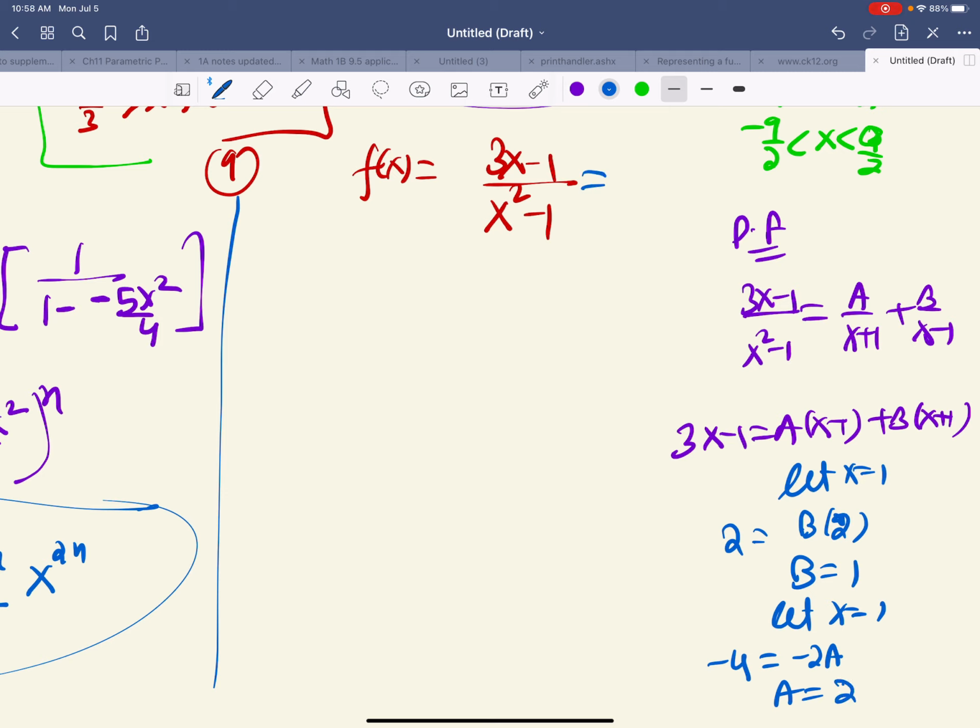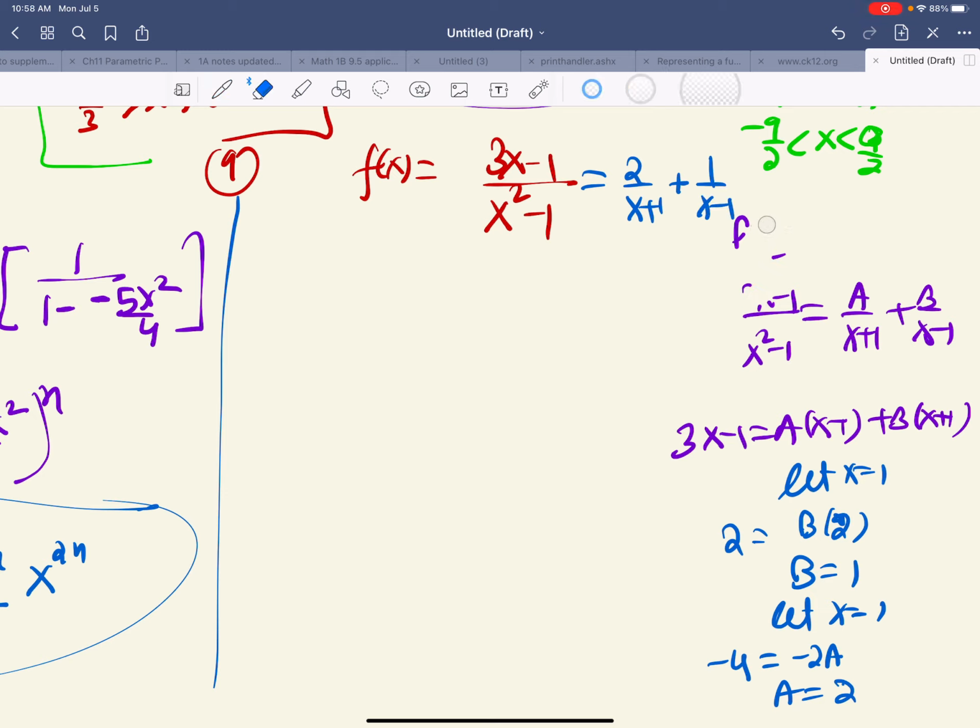Okay, so this fraction can be expressed as 2 over x plus 1, and b was 1, plus 1 over x minus 1.